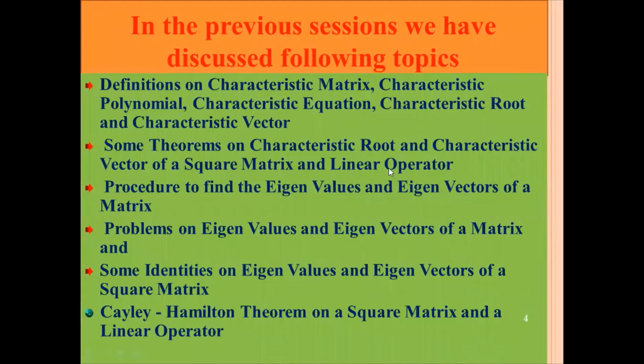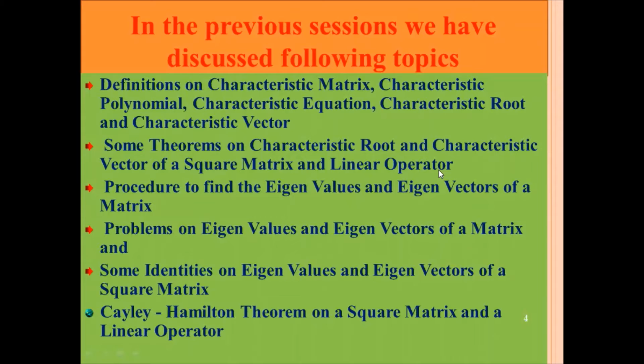In the previous sessions, we have discussed the following topics. Some definitions: the characteristic matrix, that is A minus lambda I; the characteristic polynomial, the determinant of A minus lambda I; the characteristic equation, that is determinant of A minus lambda I equal to 0.